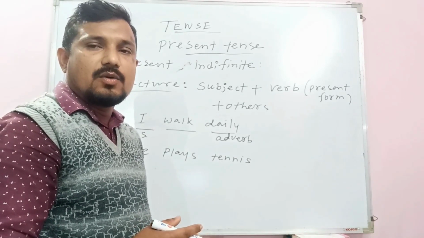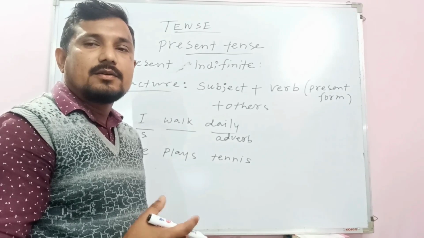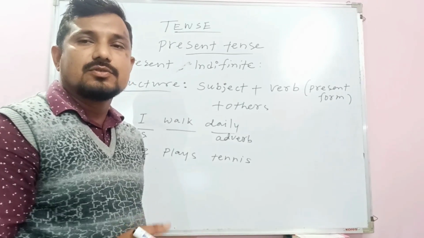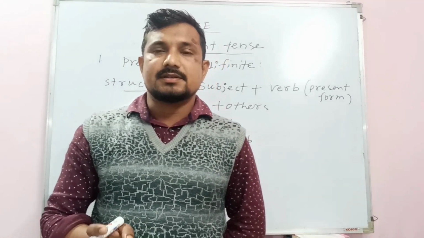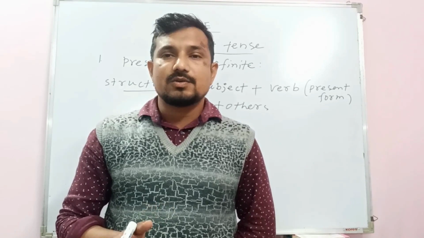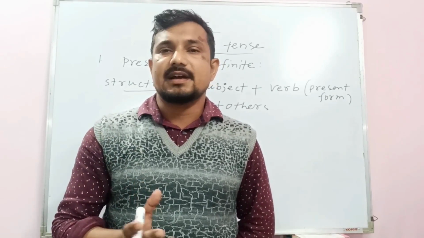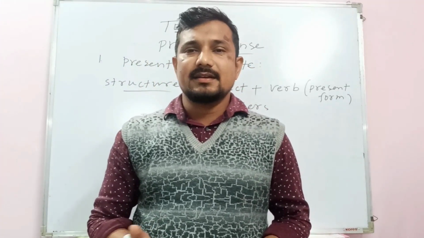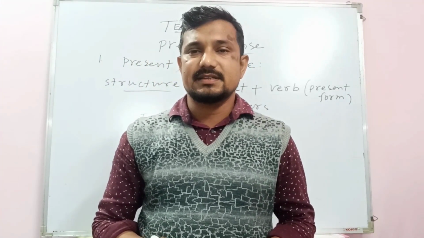In present tense, we normally mean some habits, regular activities, and also some scientific truths, mathematical truths, equations, laws, some universal laws, etc. All the things which normally happen are termed present indefinite tense.